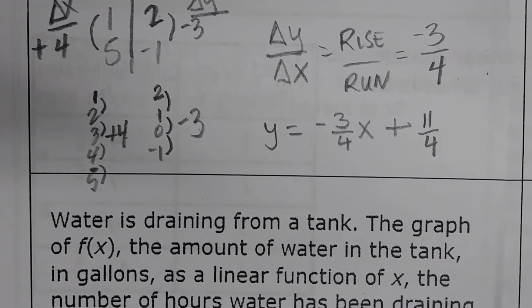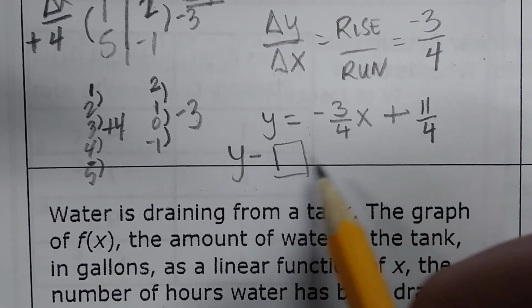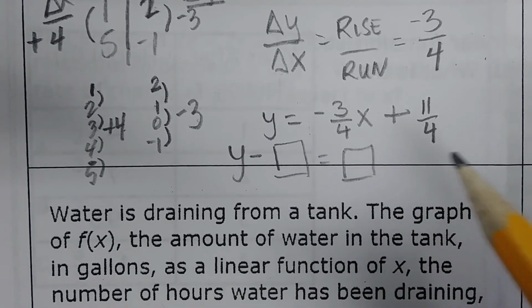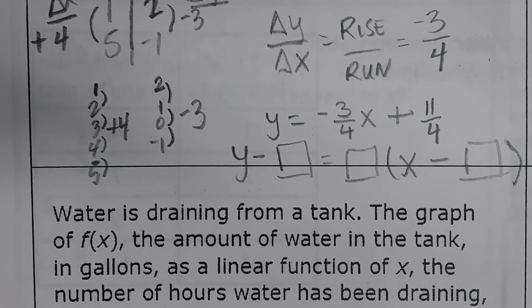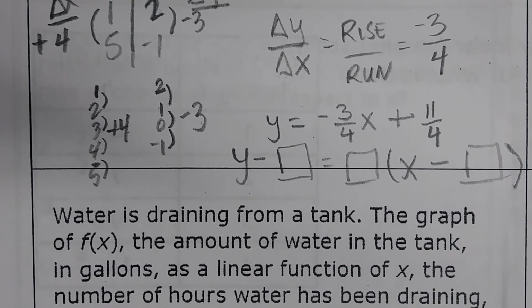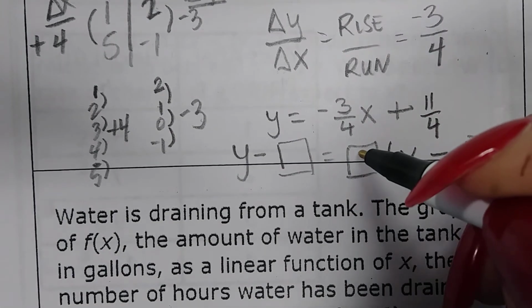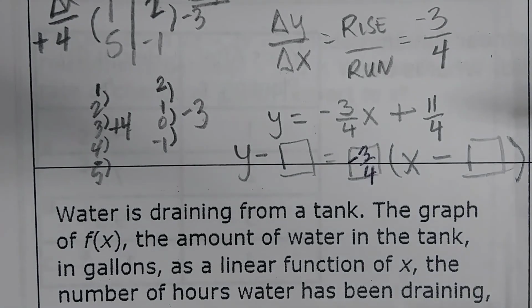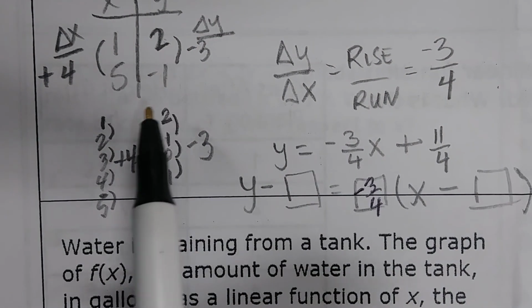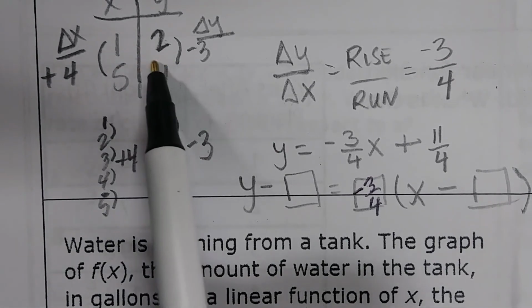Now let's write an equation in point slope form. We need a point and the slope. Well, here's the slope, so let's write that here. Pick a point. Let's choose the one with the negative.